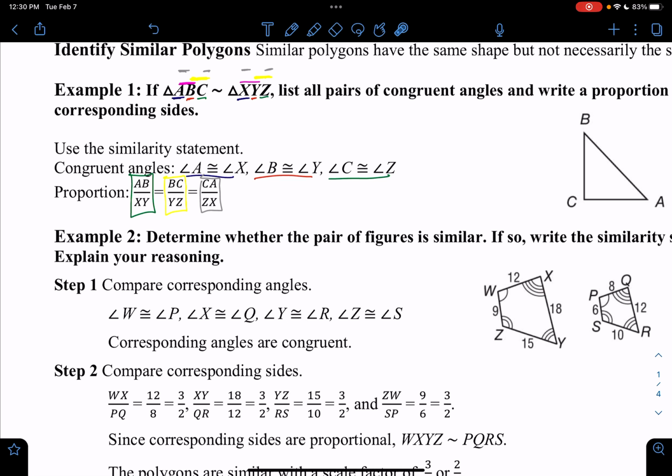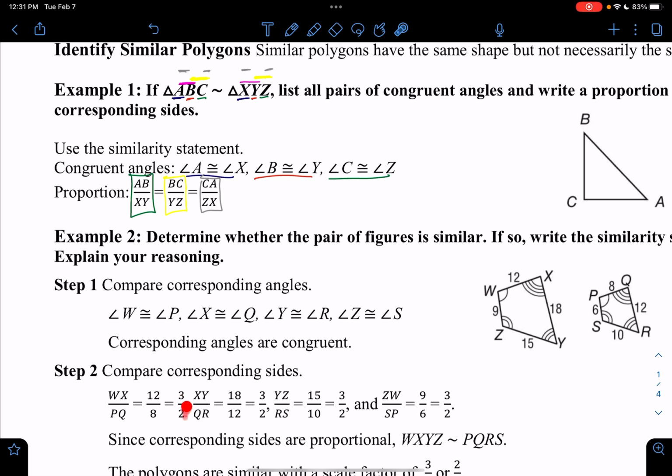So you start evaluating. Let me see, WX, where is WX? WX is right here. WX to PQ is 12/8, and when I simplify this, it's 3/2. So I have a proportion right there.